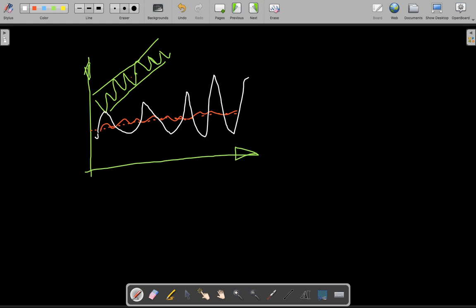Similarly, you can figure out what it would mean to have a variance stationary series. For a series to be variance stationary, it has to have a constant variance. So it can have mean stationarity or not, but the variance has to be constant. Let me use a different color.